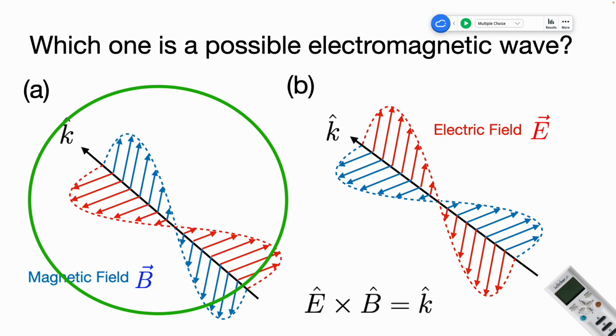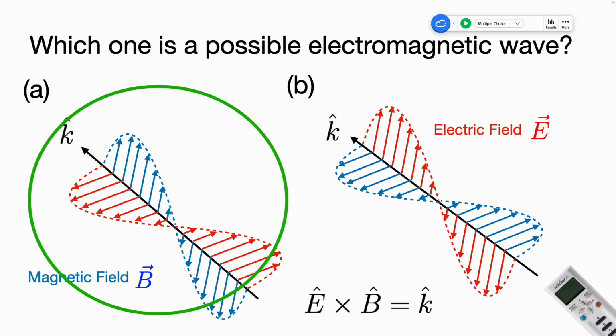Any question? So this is the electric field going up, and the magnetic field points toward you, out of the screen. So I have to curl my finger toward the B field, which is this way, not this way.